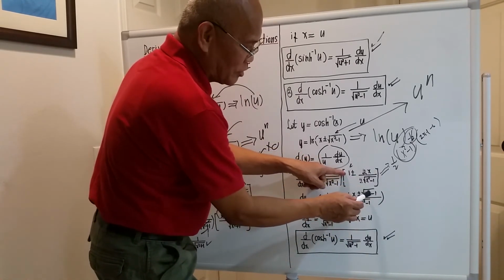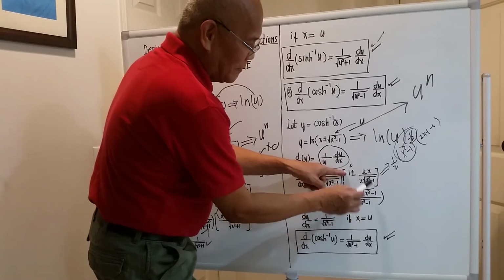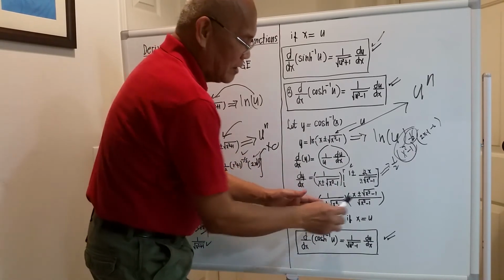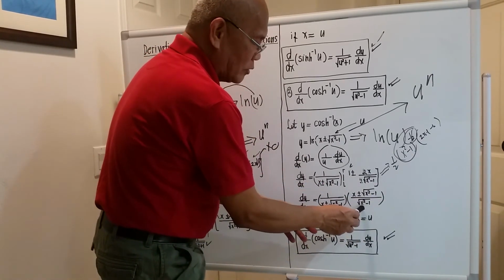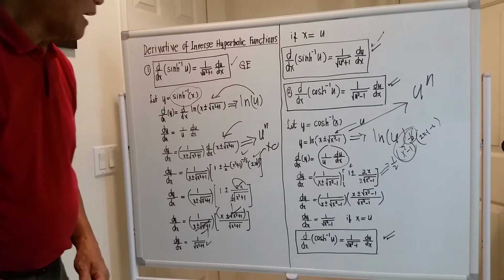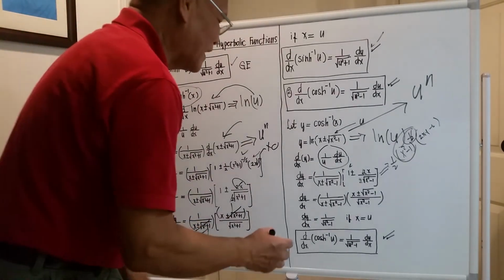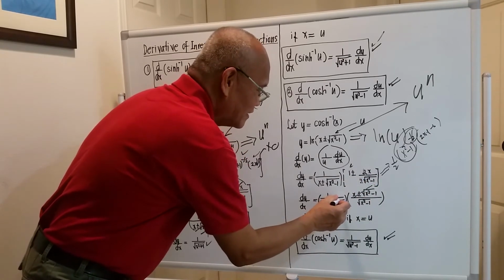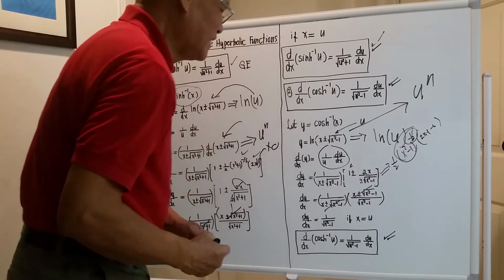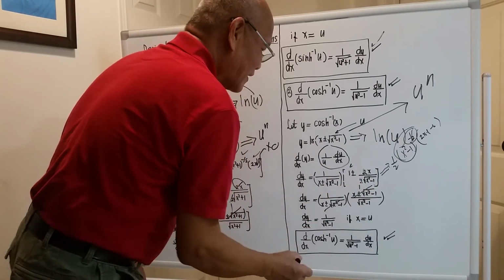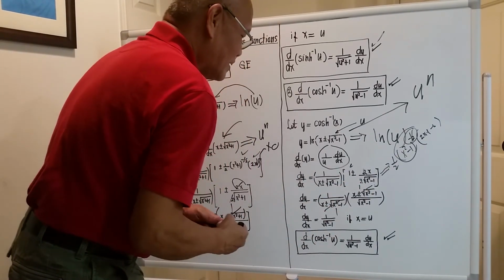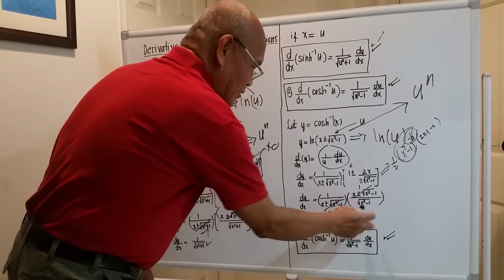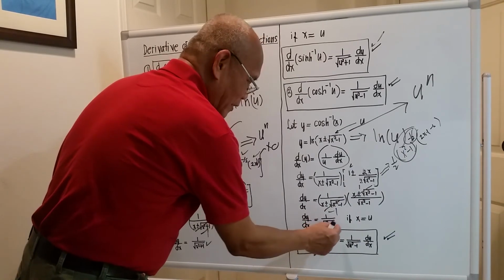It is the square root of x squared minus 1 plus x, all over the square root of x squared minus 1. And luckily, this term here cancels with this, right? So this will be 1, okay? This will be 1. So 1 times 1 is 1. 1 times this square root is just the square root of x squared minus 1.